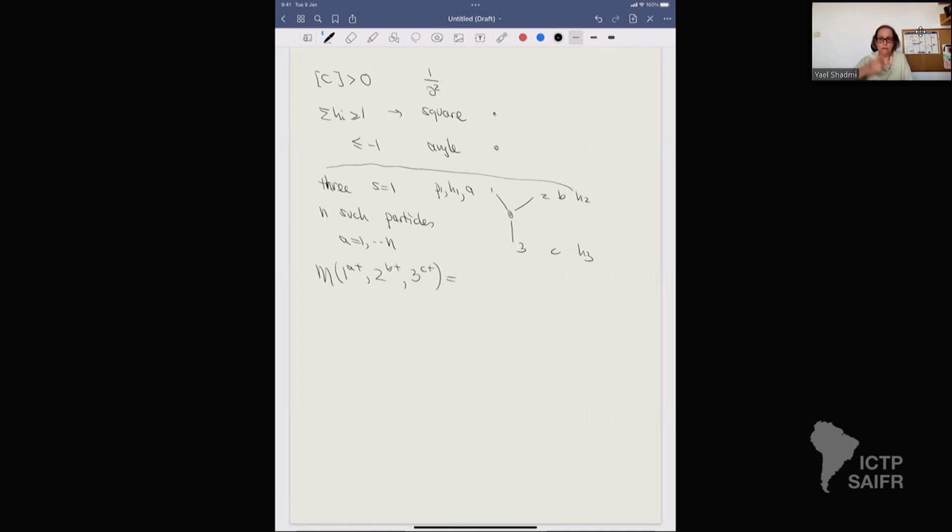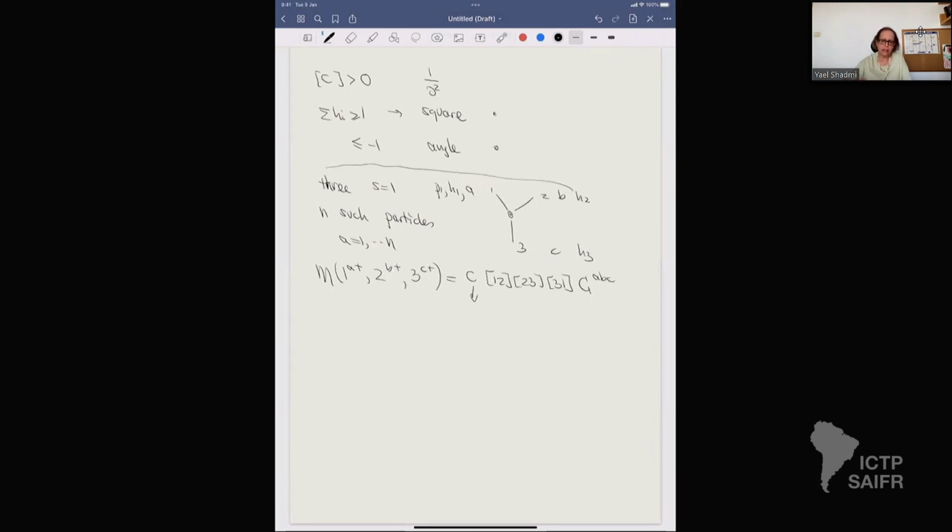Okay, so we calculated the amplitude. We know by now that it's proportional to the brackets 1 2, 2 3, 3 1. It's coming with some coefficient C, and there's something that needs to carry the ABC indices, so I'm just going to call it C^ABC. Now, what is the dimension of this guy?